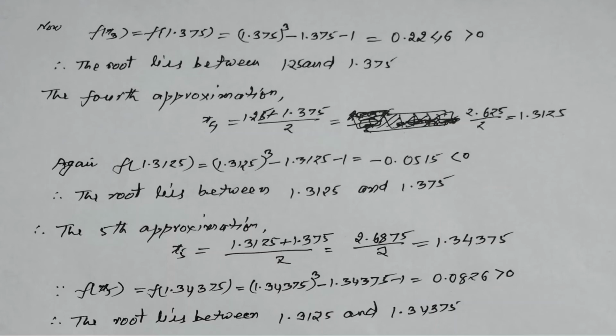That is f(x5) equal to f(1.34375) equal to 1.34375 whole cube minus 1.34375 minus 1 equal to 0.0826 on simplification, which is positive, that is greater than 0.